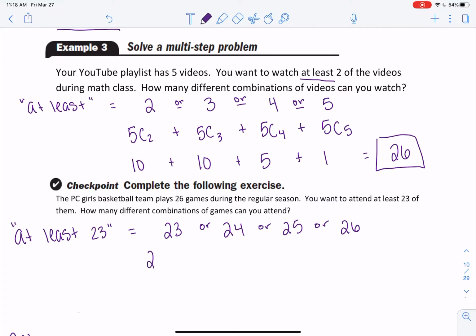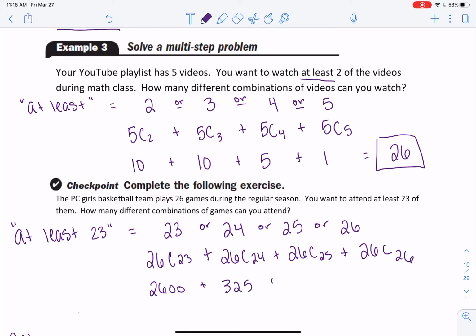So there's 26 games, and you could choose 23 of them, or 26 games choosing 24 of them, or 26 choosing 25, or 26 choosing 26. So when you type those in your calculator, you get 2,600 plus 325 plus 26 plus 1. So your answer, when you add those together, would be 2,952 ways.